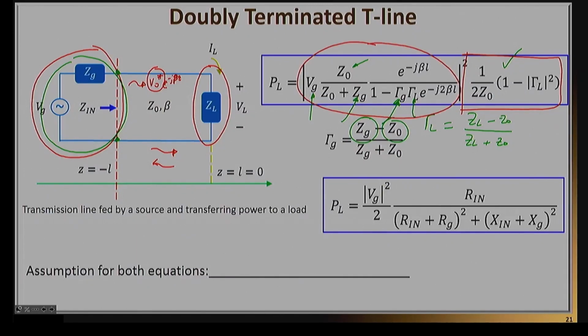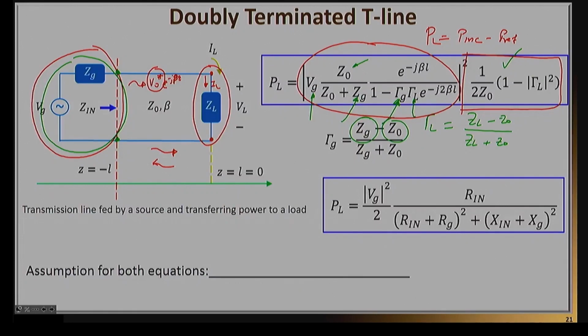So this is one way that you can calculate the power of the load, essentially by taking the incident power and subtracting the reflected power. There is also a second way you can calculate the power of the load, by literally looking at the voltage of the load and the current of the load, and then applying the well-known equation VL times IL complex conjugate and taking the real part.